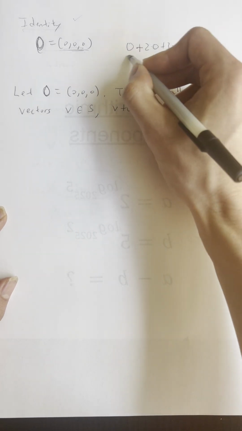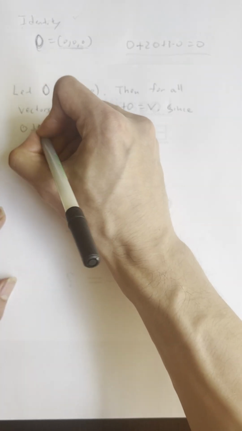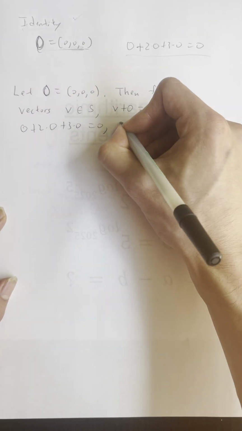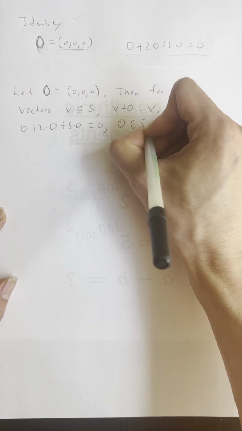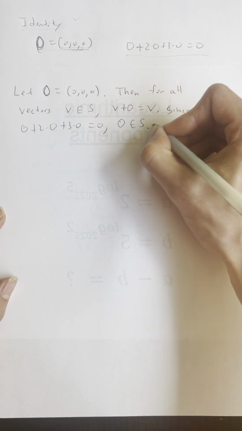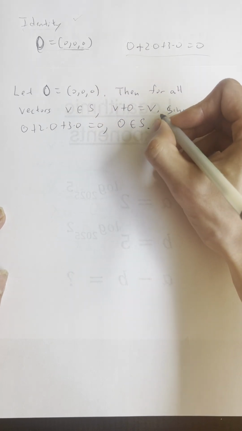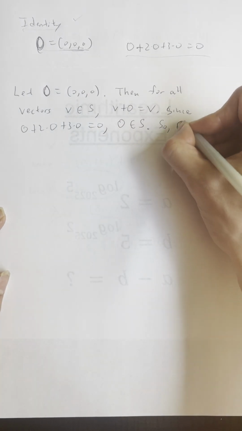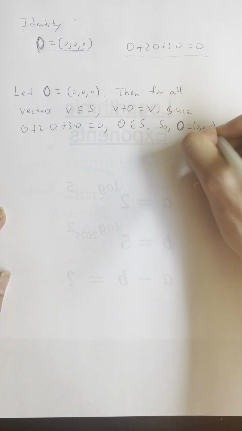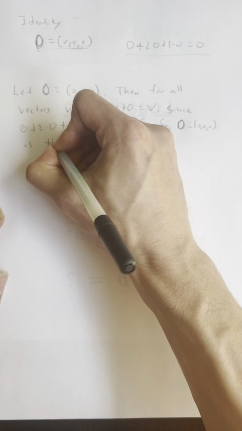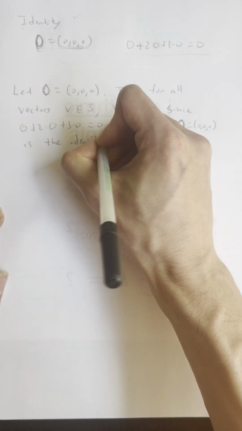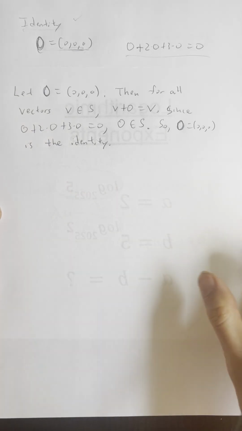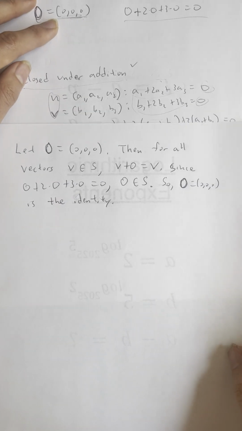Since 0 plus 2 times 0 plus 3 times 0 equals 0, 0 is in S. So 0 equals 0, 0, 0 is the identity. Now we need to write it out for closure under addition.